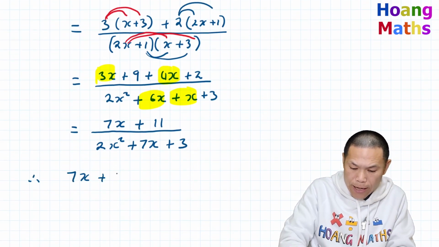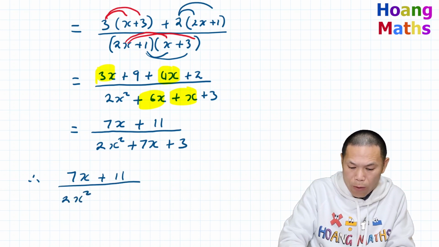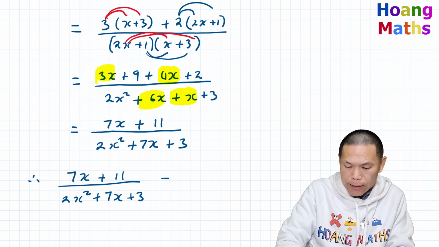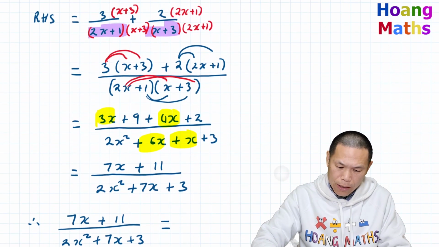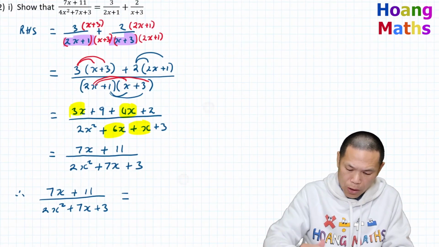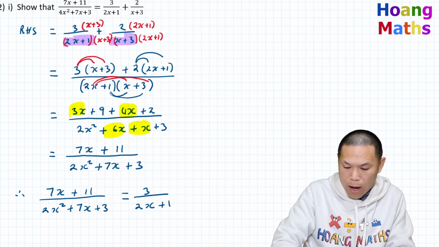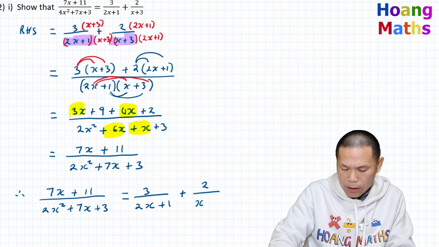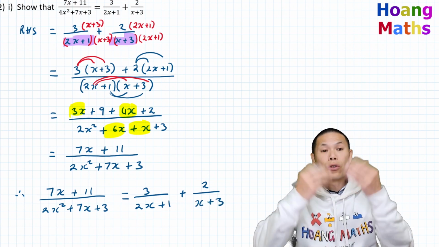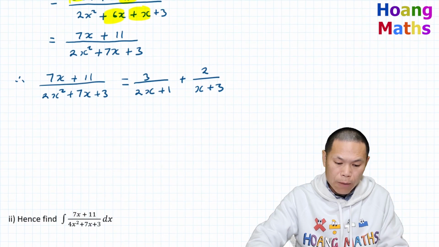So now we just say, therefore, 7x plus 11 over 2x squared, we add 7x plus 3, is exactly the same as, let me just write this out, 3 over 2x plus 1, and we add 2 over x plus 3. So there you go. Now second part.